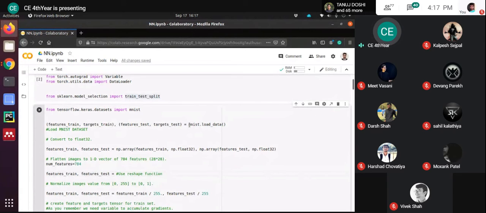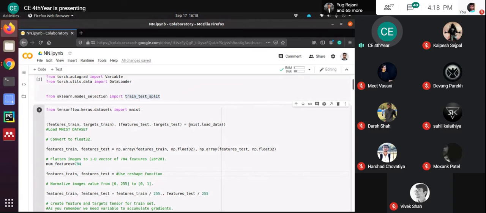Next, reshape your train as well as test images. And what will be the new dimension? Right now it is 28 cross 28, that is a square matrix.